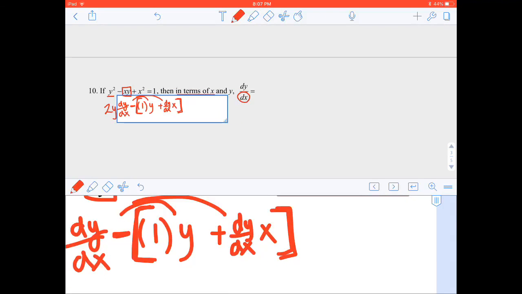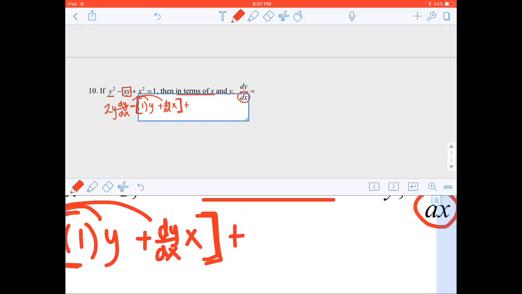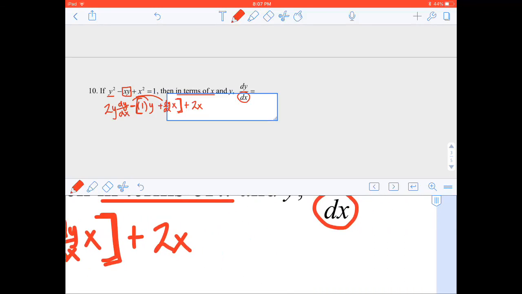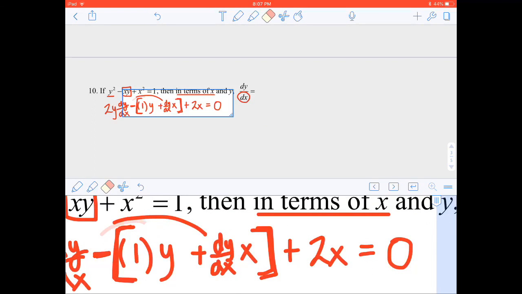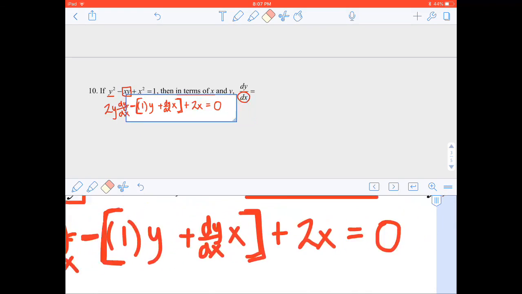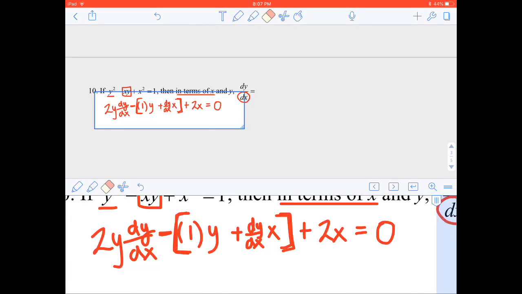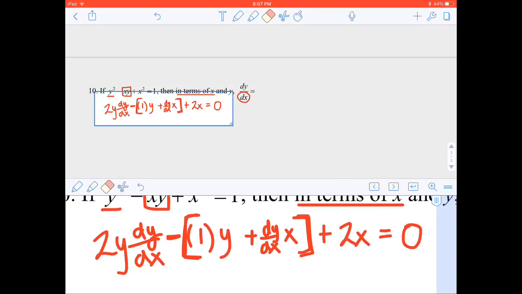Plus x squared, so the derivative of x squared would be 2x. And we still have to continue past the equal sign. So we take the derivative of 1, which is 0 here. And that is our whole derivative all done for each of these terms.